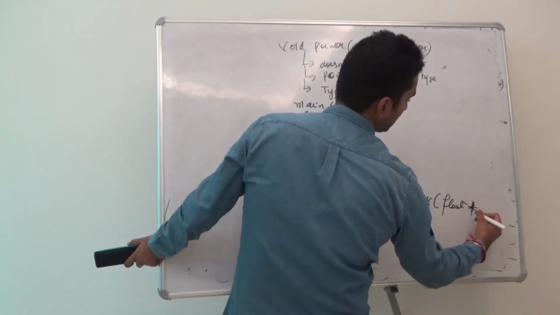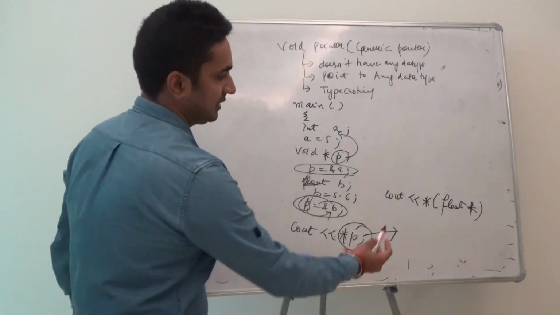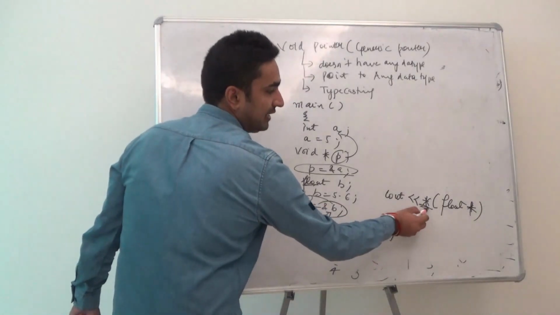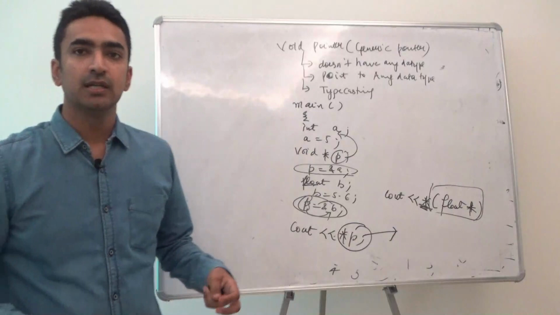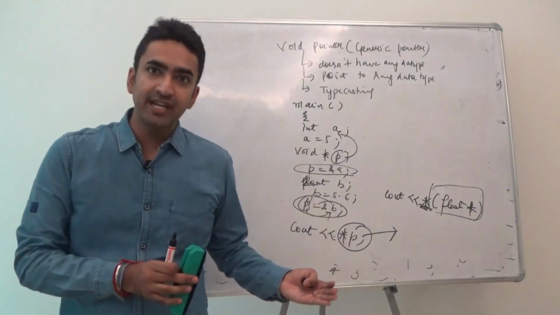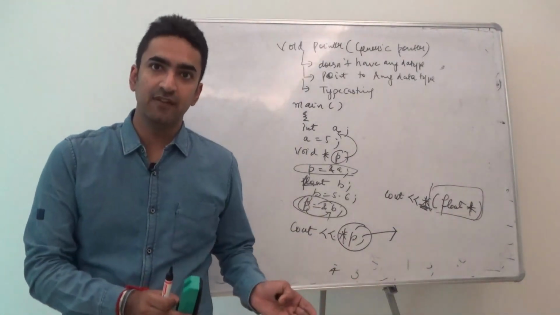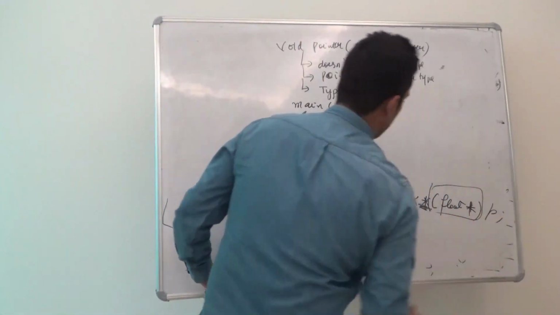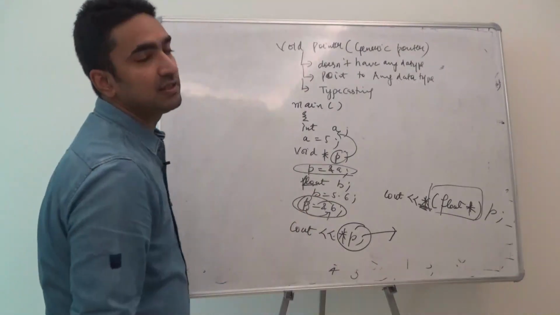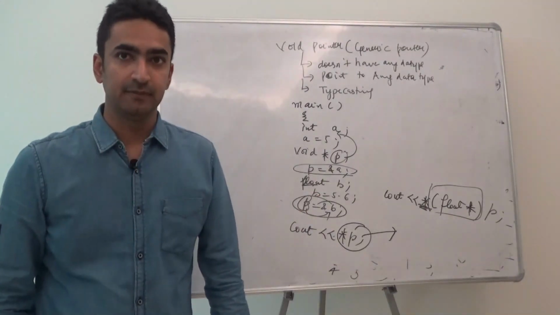This is asterisk again, because we have to dereference it. Float star is a typecasting because p was a void data type that does not signify anything. So float star is required and then p is there. By default, you see the answer of this is 5.6.